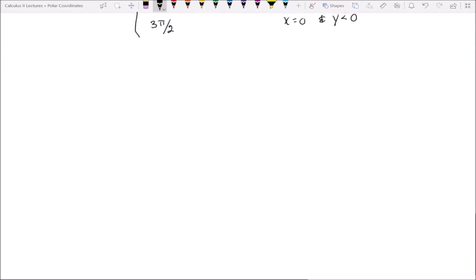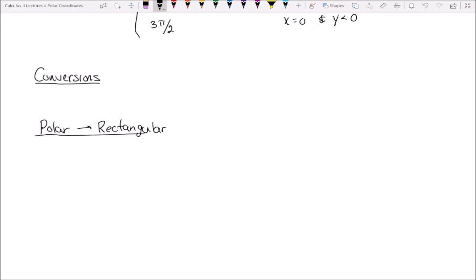This is all going to be summarized in this table. If we want to go from polar to rectangular, we have x is equal to r cosine of theta and y is equal to r sine of theta.